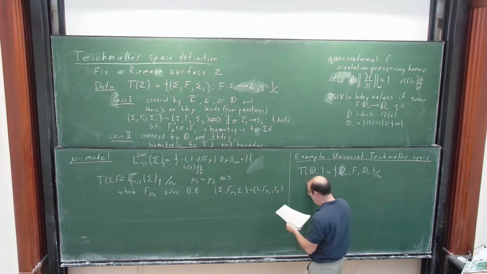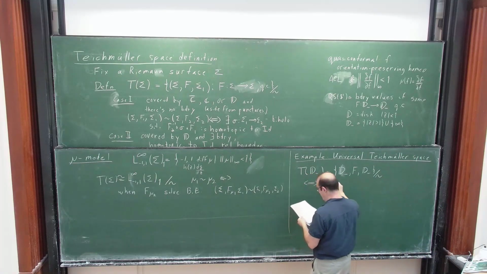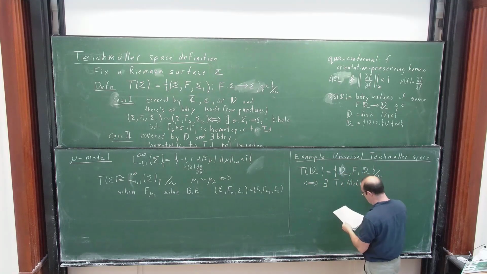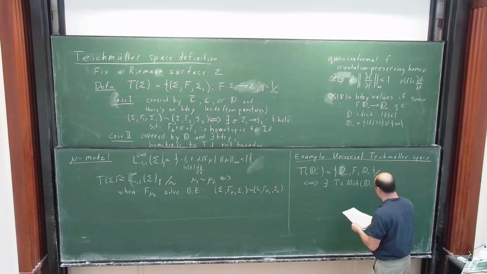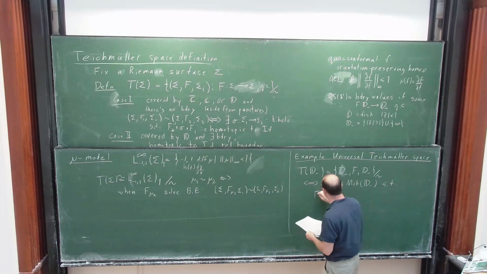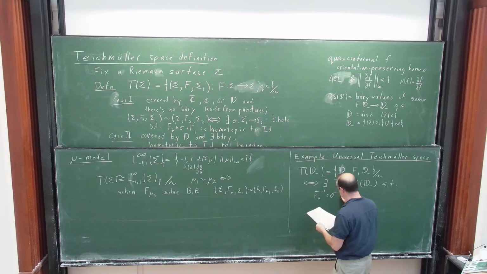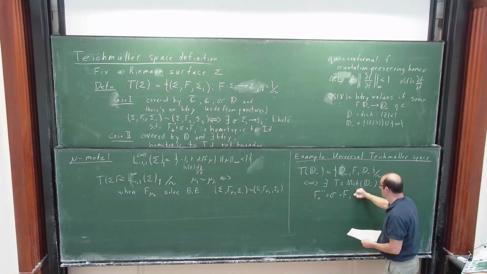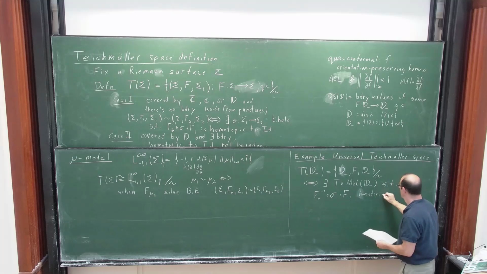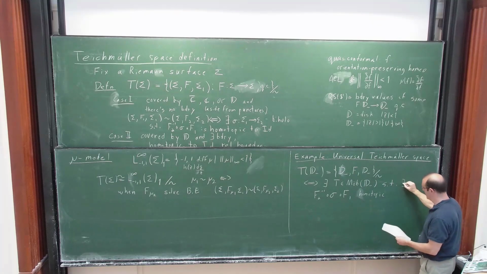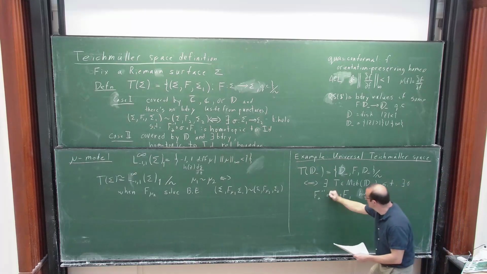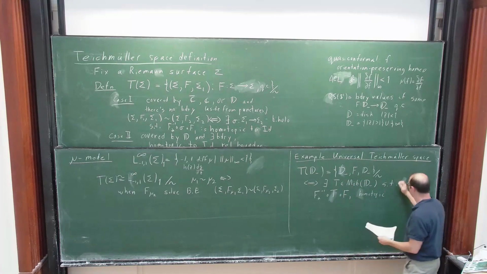And this occurs if and only if there exists a Mobius transformation which preserves the disk such that F2 inverse of sigma of F1 is homotopic to the identity. Sorry, this is T, sorry about that.